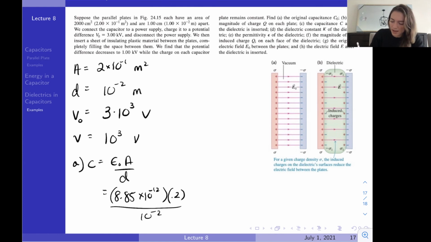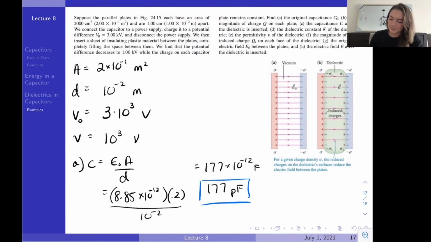So that comes out to 177 times 10 to the negative 12 farads. So that's 177 picofarads. This is the capacitance of our capacitor.